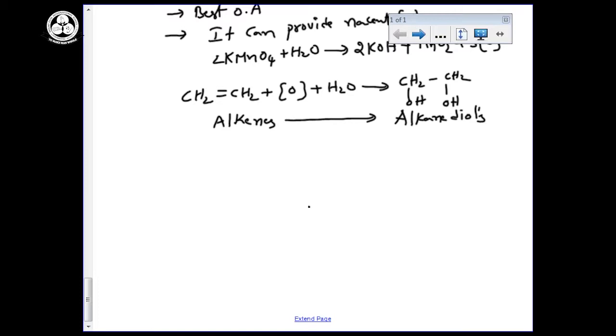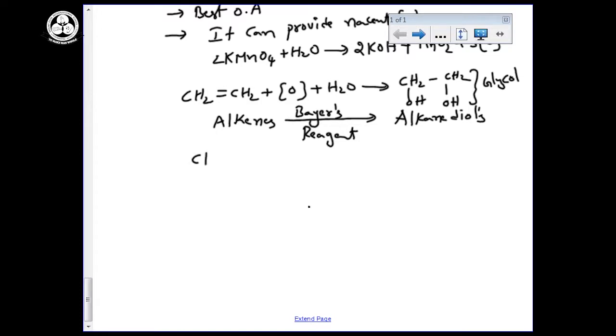The name of this is simply glycol. Previously we saw glyoxal, an aldehyde, but now this is glycol. When you use Bayer's reagent on an alkene, you have to memorize that we get alkane diols.